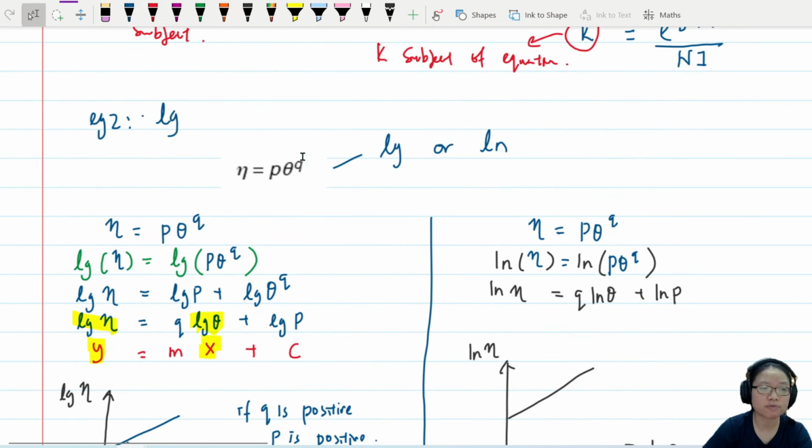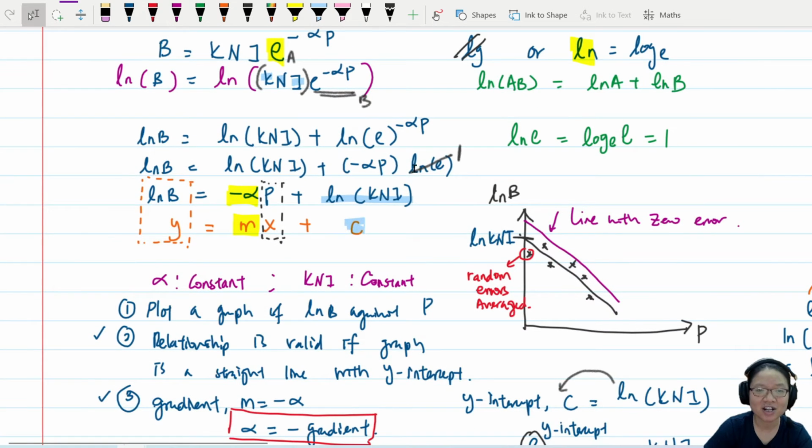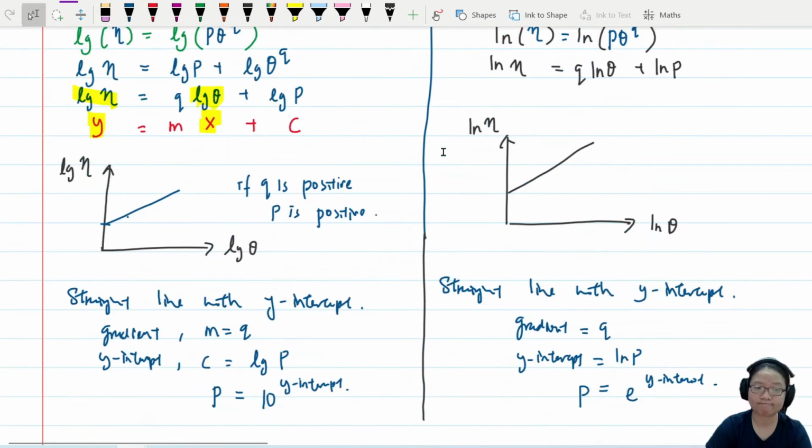But if it's in this format, log or ln is also okay. If it's in this format, where there's an e here, then don't use log, not recommended. Only use ln, because we can capitalize on the fact that ln e is 1, but log e is not 1. That's how and why we log for linearization.